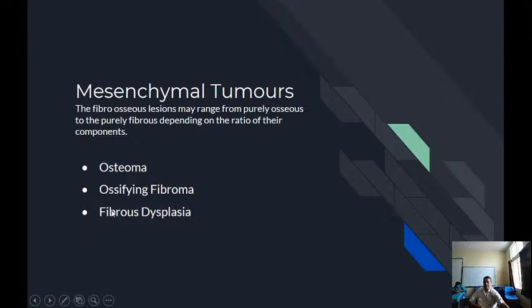This is another condition where there is a spongy bone formed with an ill-defined capsule, and it is not a malignant, it's not a tumor. Whereas osteoma and ossifying fibroma are benign tumors of the nasal mesenchymal tumors.